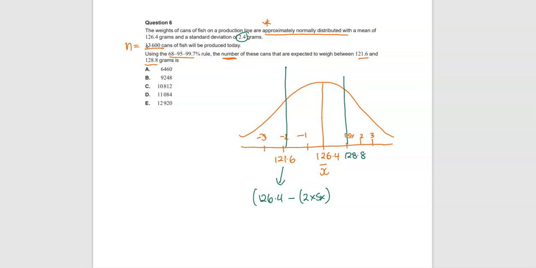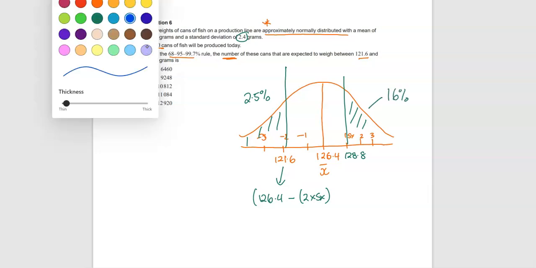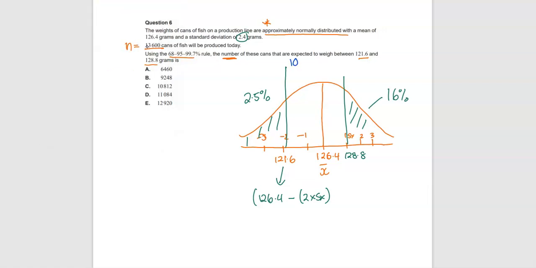When you go down 2, you know that this pocket here is 2.5%. When you have 1, you know that pocket is 16%. So here in the middle is 100 minus those 2 pockets, which would be 81.5. So in here is 81.5% of all the cans of fish.